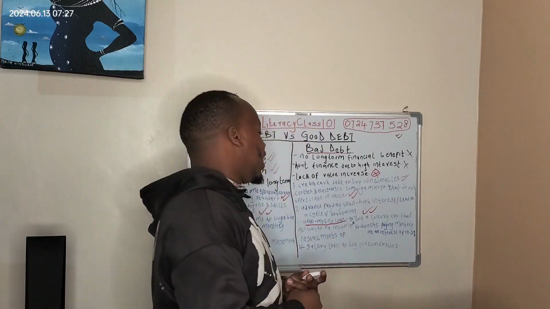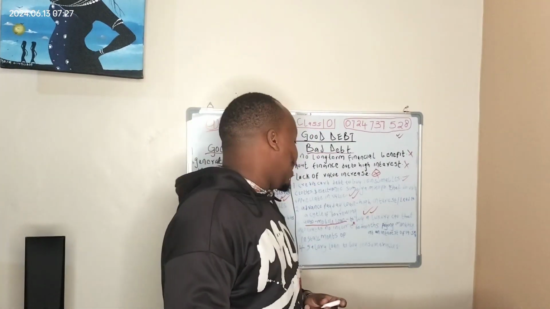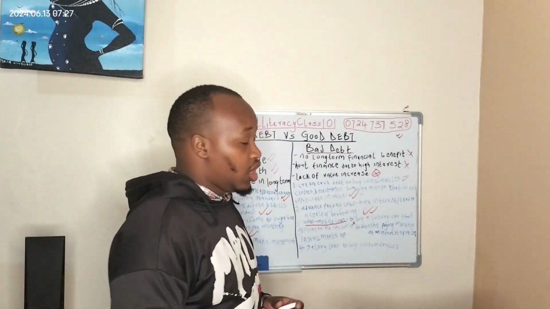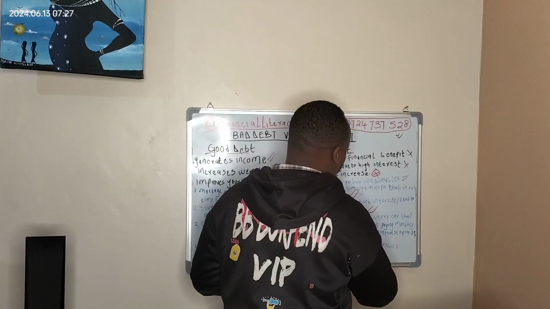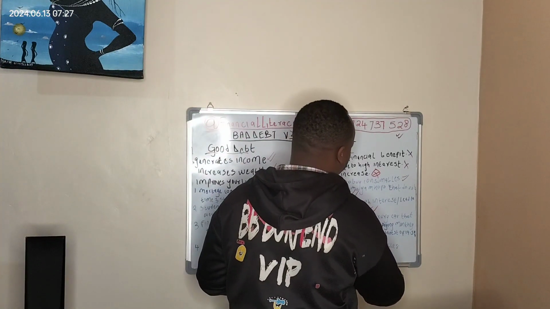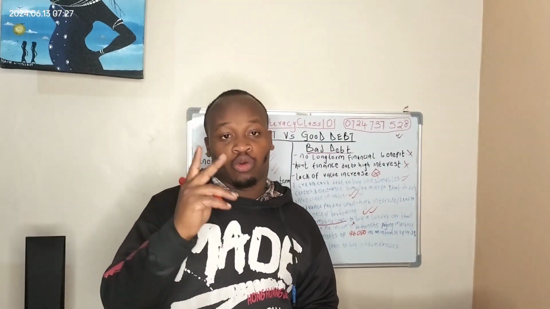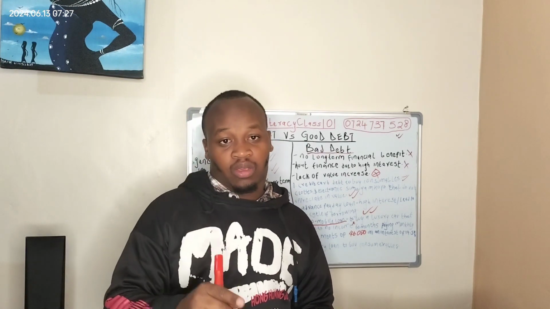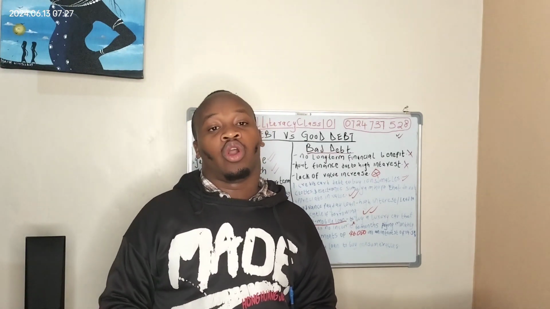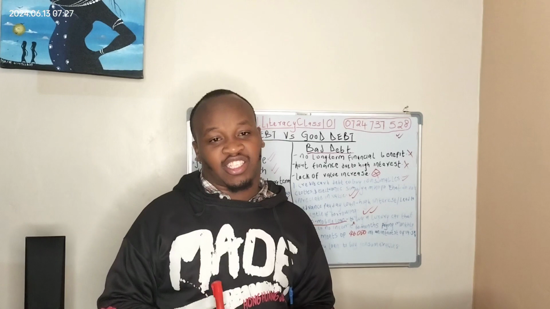If a car is worth 2 million Kenya shillings, you pick a loan of 2 million Kenya shillings. The bank will give you a duration of 60 months.